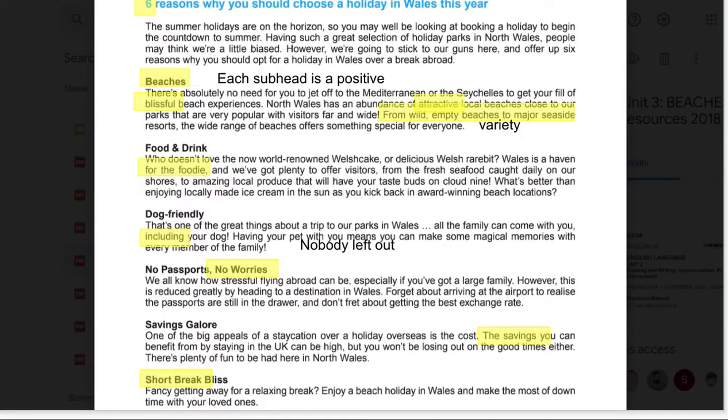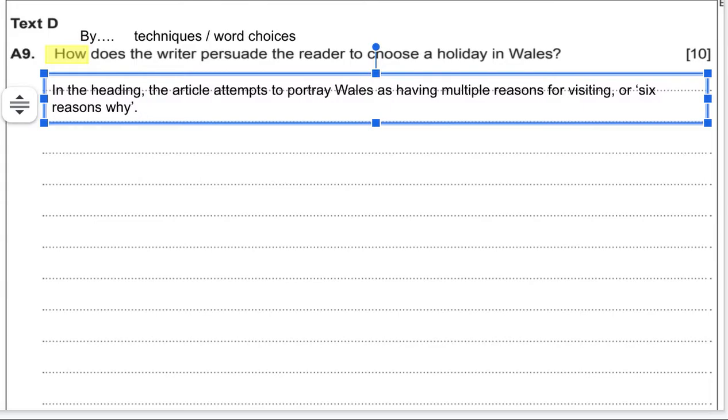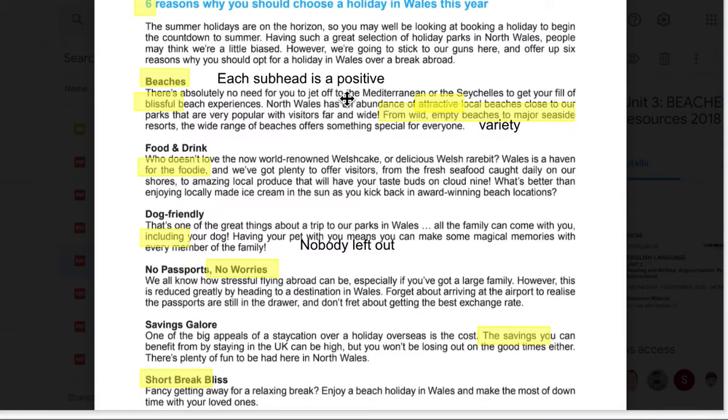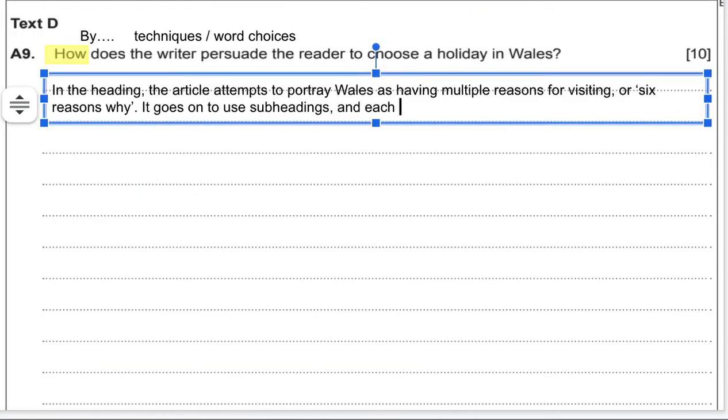Okay, then I just need a little filler phrase. So it goes on to use subheadings. And as I said here, each subheading is a positive aspect of holidaying in Wales.